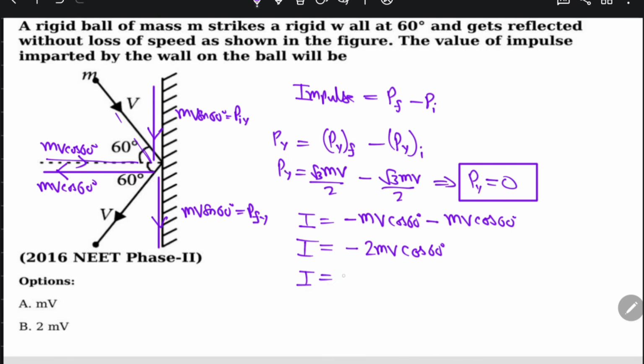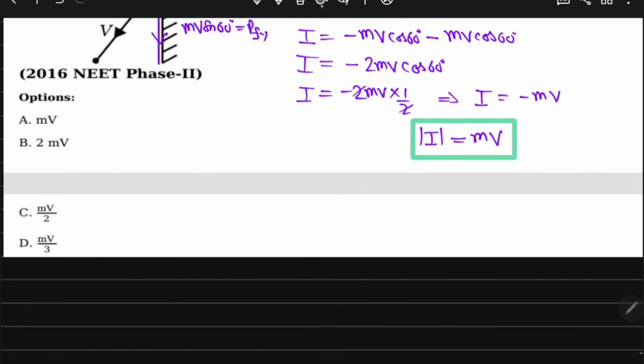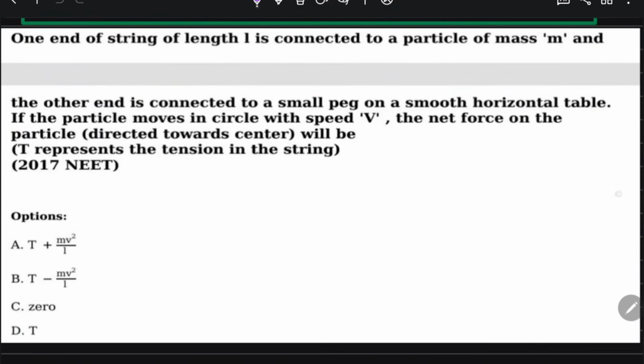So impulse is basically minus 2 mv times 1 by 2, because cos 60 is 1 by 2. So impulse is basically minus mv. But here we have to take the magnitude. If I take the magnitude of impulse, that is mv. So which option is matching? Option A is correct. So I proceed to the next question.